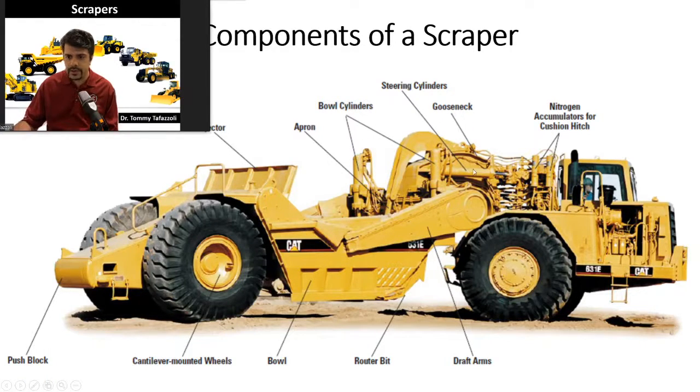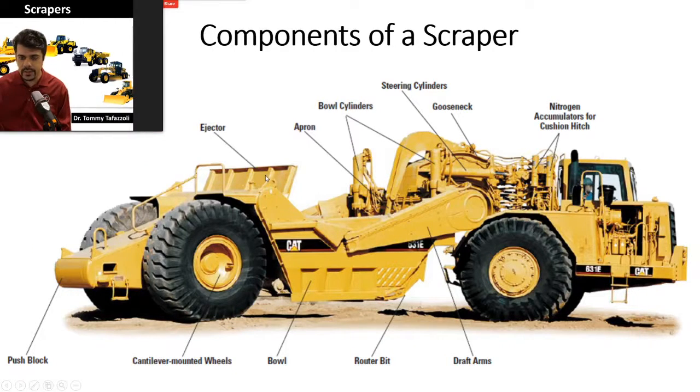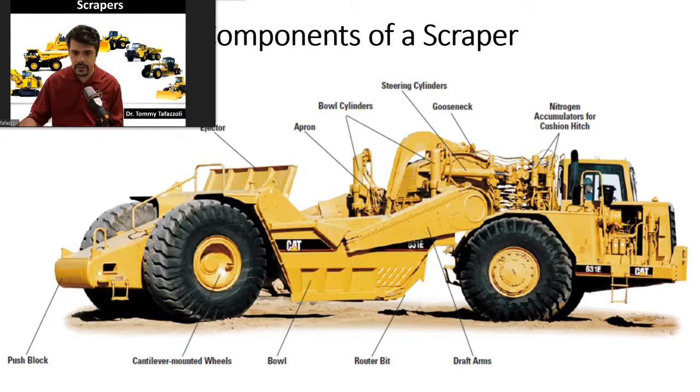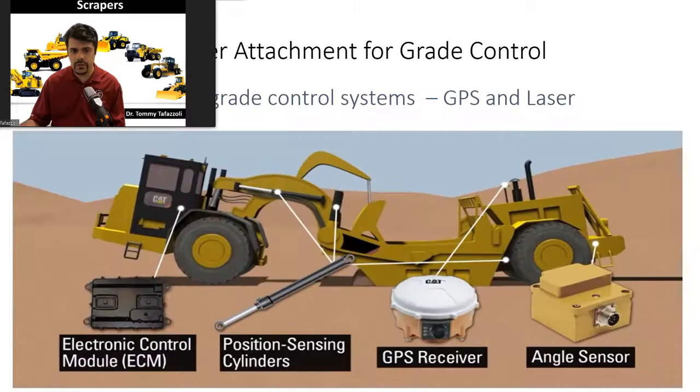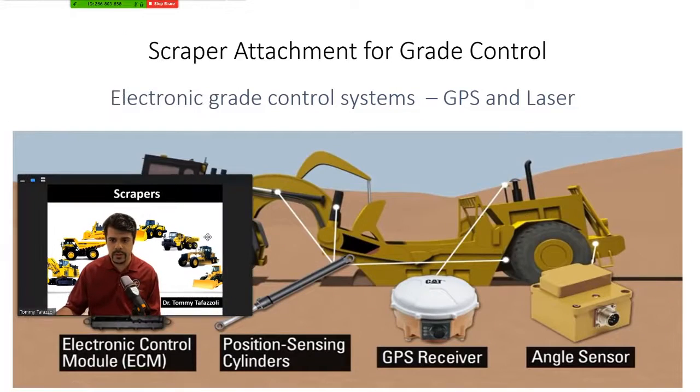Steering cylinders, which are super powerful, and the bowl cylinders to move the bowl up and down. The apron and the ejector. But the most important parts would be the apron, the ejector, and the bowl. So you should be familiar with those parts.